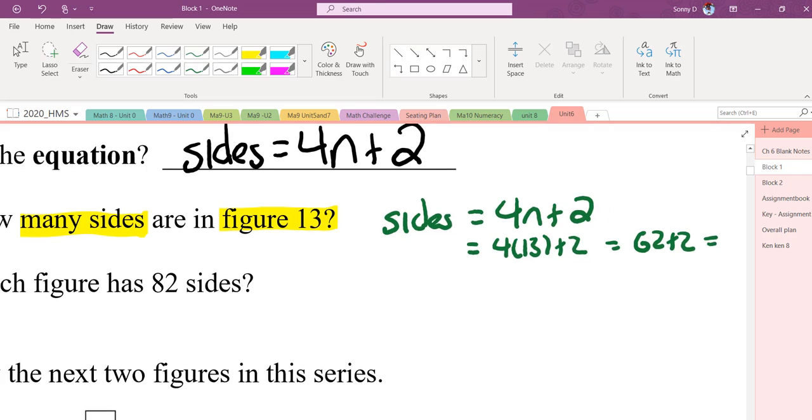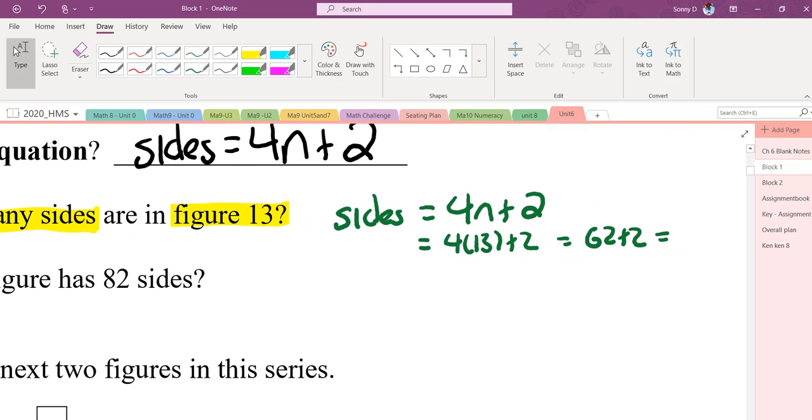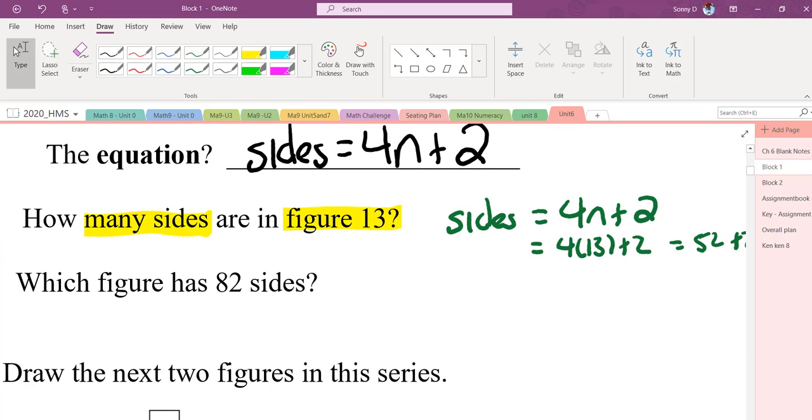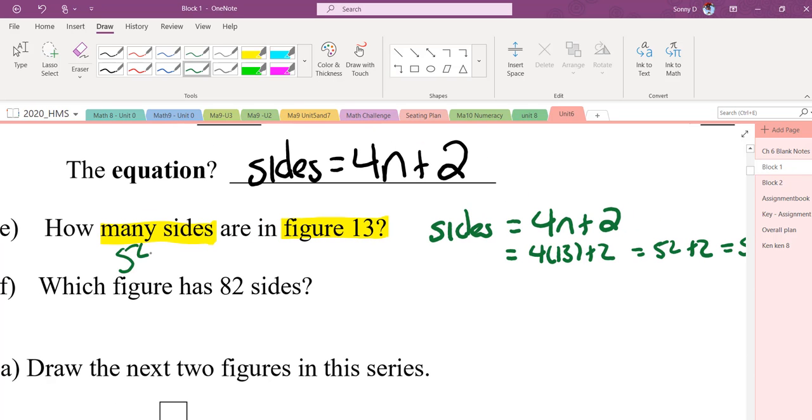So it should be 64. Did I do that right? No. I think it would be 52. 52 plus 2 should be 54. So how many sides does it have? It has 54 sides.